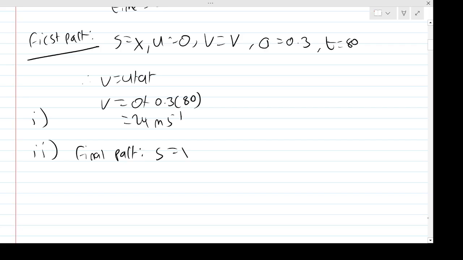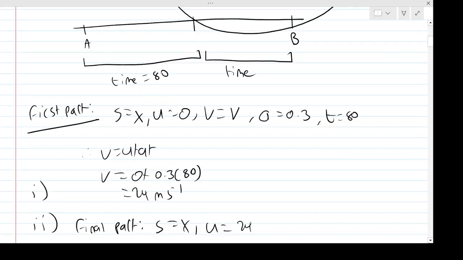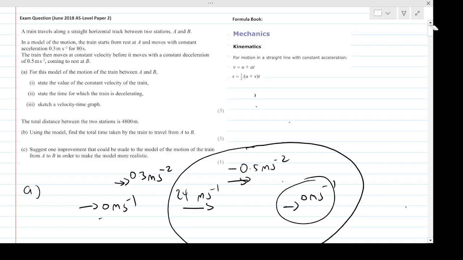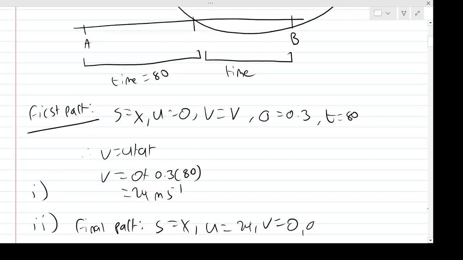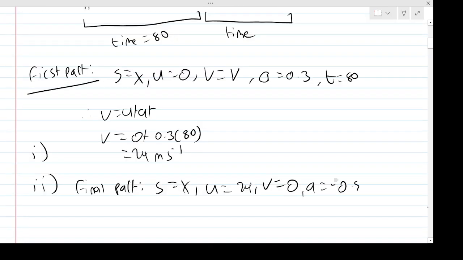The distance I don't care about. U is 24, the initial speed here. V is 0 at the end. A, the acceleration, is negative 0.5. As a reminder, negative acceleration does not mean the speed is negative, it just means it's slowing down. And T is what we want to work out.